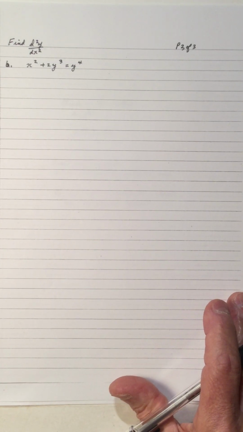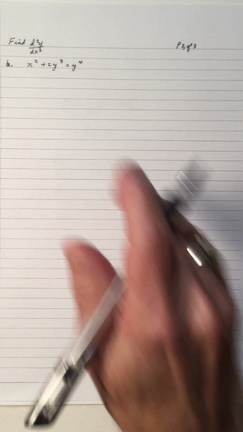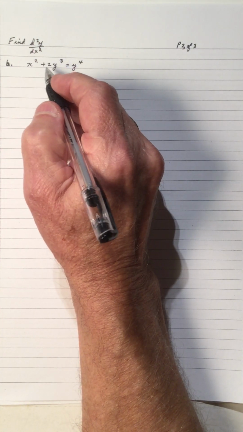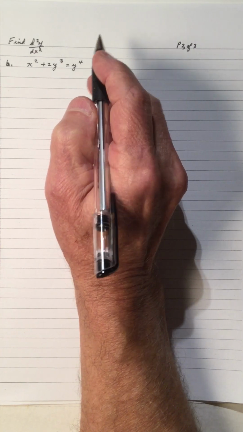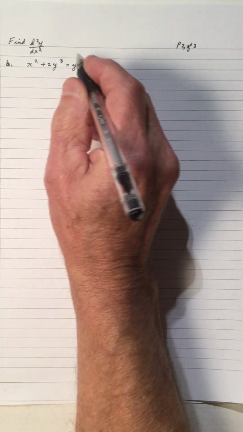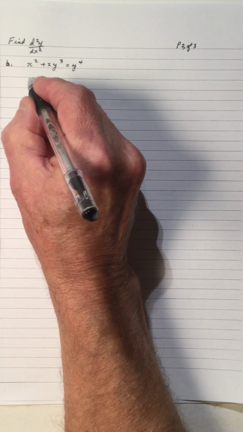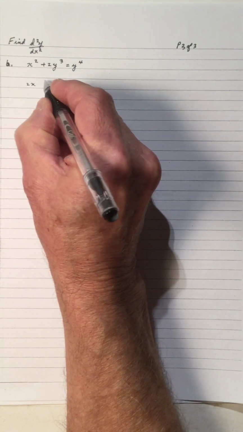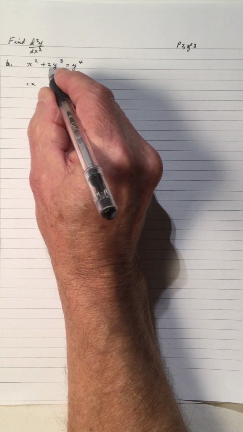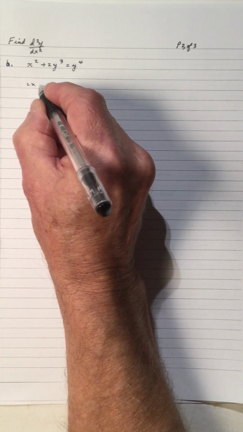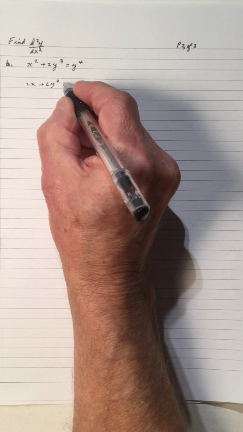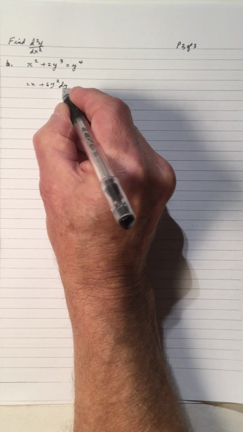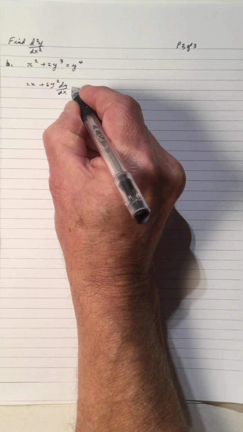Find the double derivative on x squared plus 2y cubed plus y to the fourth. And again, without going through all the steps, we'll just take the shortcuts. d dx on x squared is 2x, and d dx on 2y cubed is 2 times 3 is 6, and the 3 is decreased by 1 to 2, and it's dy dx.